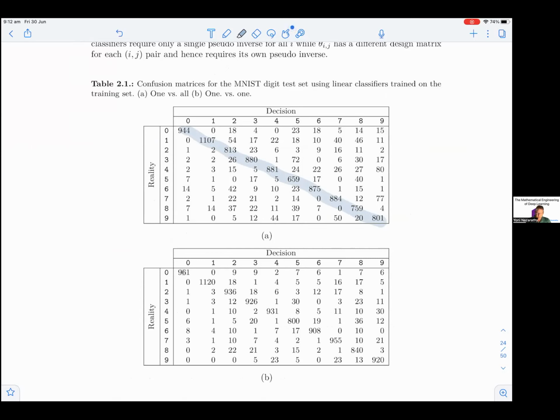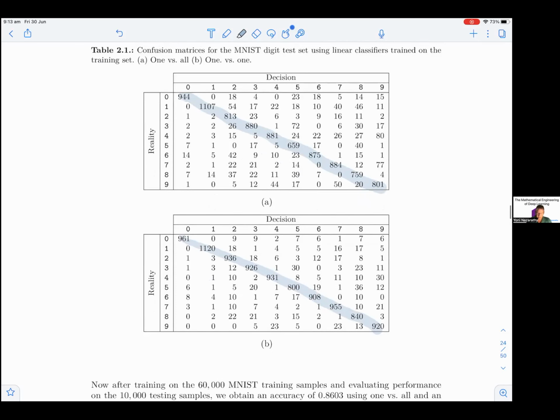So the heavier the diagonal, the better. And then there were some statements in the paragraph about specific misclassifications in this table that stand out. Where was that specific case that stood out? Let's go again to the text.